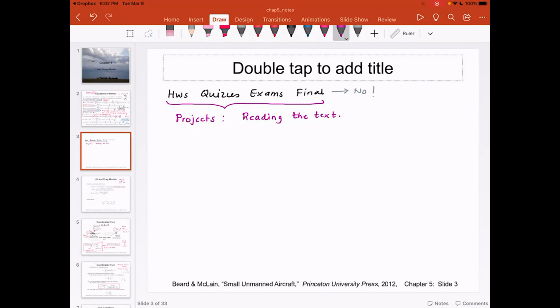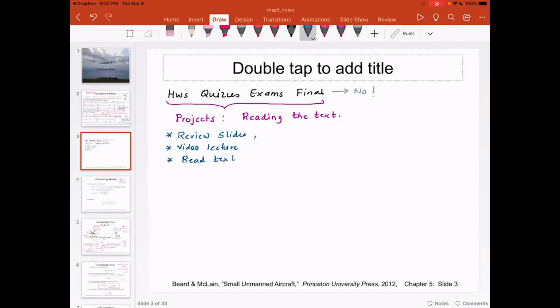So whenever there is a project, before you start working on it, please review the slides, video lectures, and read the textbook.